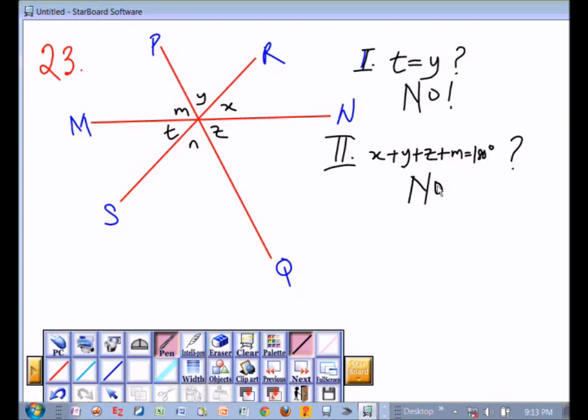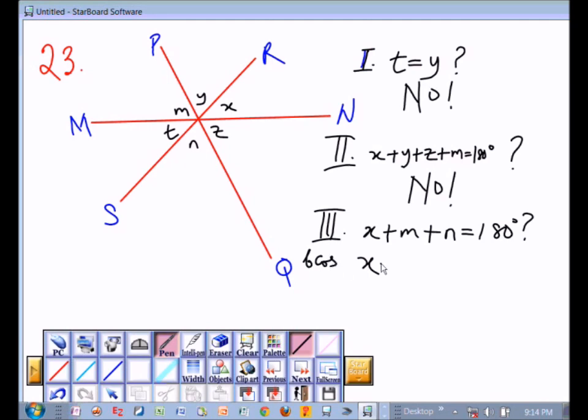So we write no. Number 3 also suggests that x plus m plus n is equal to 180 degrees. Looking at the diagram, we can see that the sum of x plus y plus z, or x plus y plus m, will give us 180 degrees for the reason of being angles on a straight line.